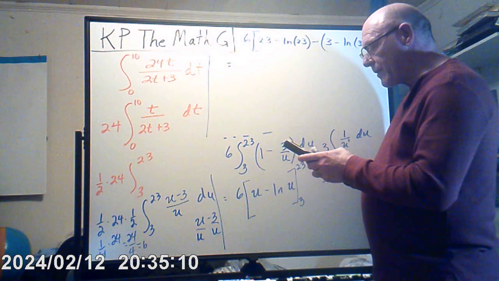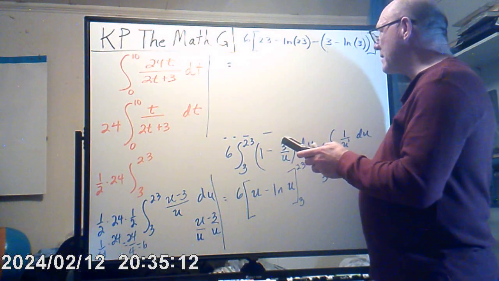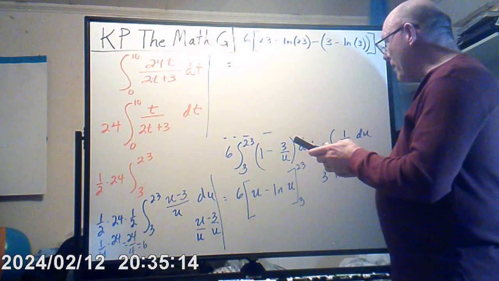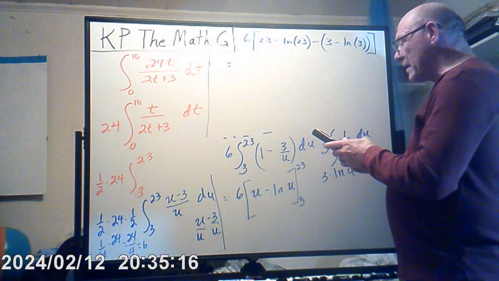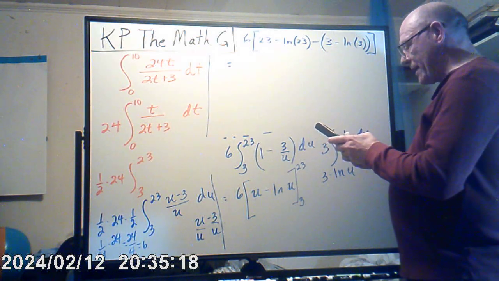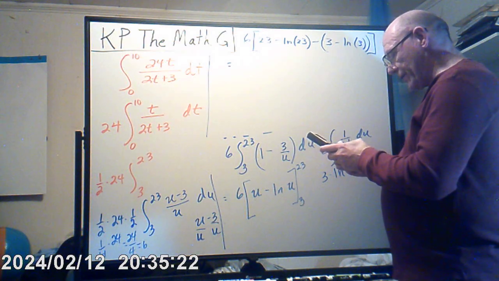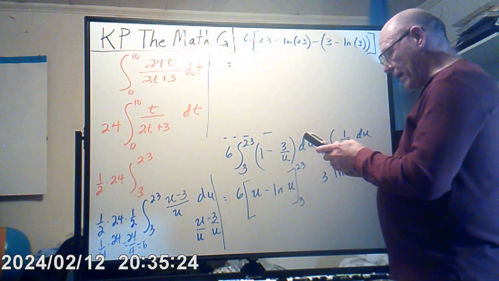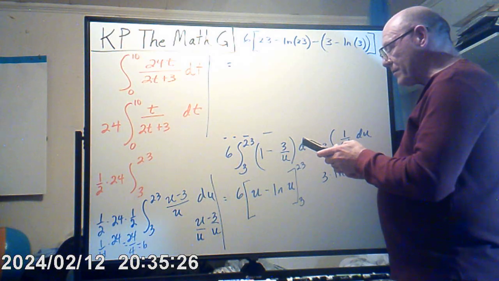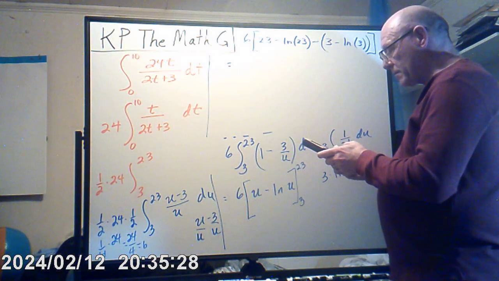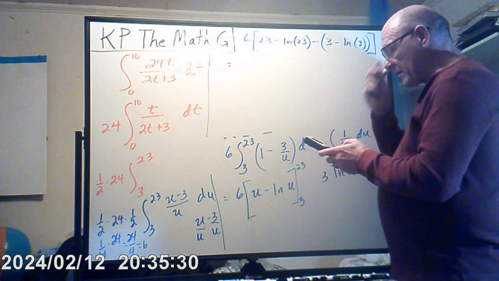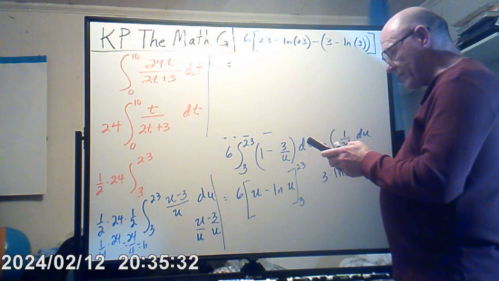I got a number bigger than that. So minus 3 minus ln 3. That equals, and that's wrong too.